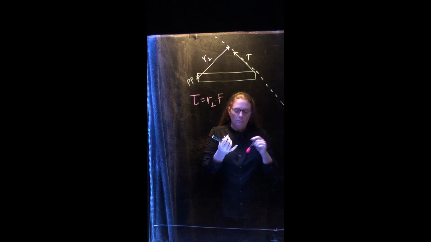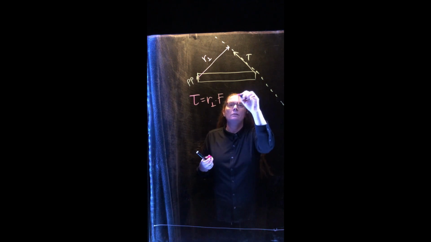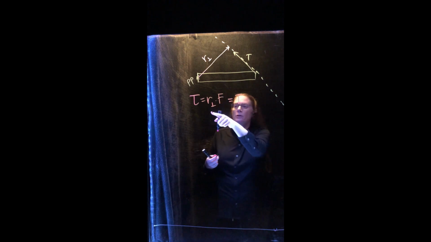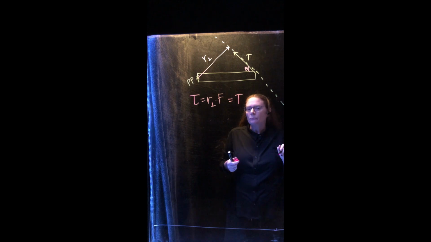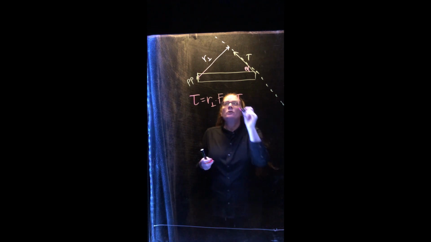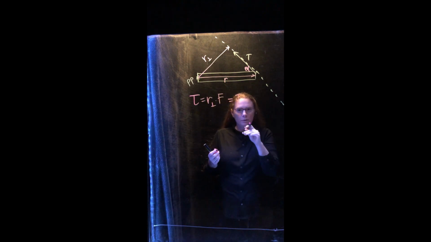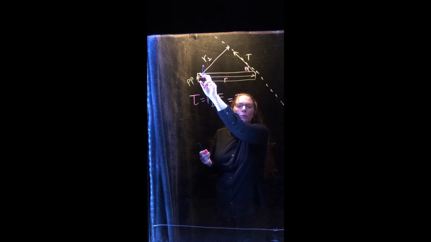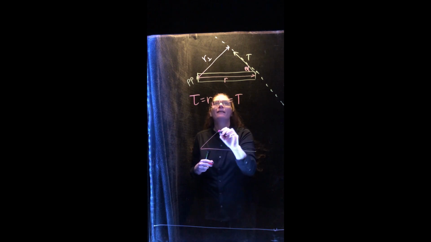Now, we had T R sine theta before. What do we have here? Well, the force is just the tension, times R perpendicular. We had this angle before, so how do we figure this out? My total radius is still here, my total distance is there, and I only want the perpendicular component.